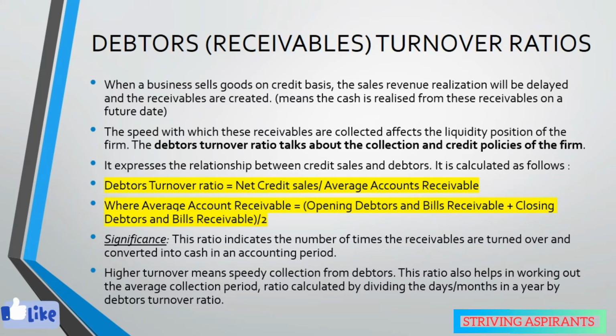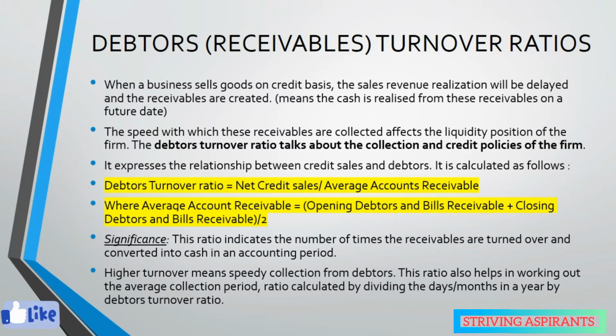The liquidity position of a business depends upon the speed at which the receivables are collected. In other words, the debtors turnover ratio talks about collection of the money from the debtors or customers and the credit policies of the firm.